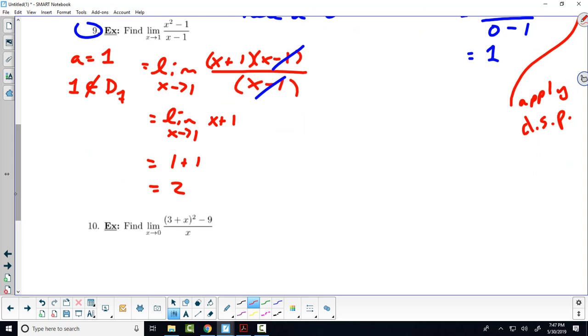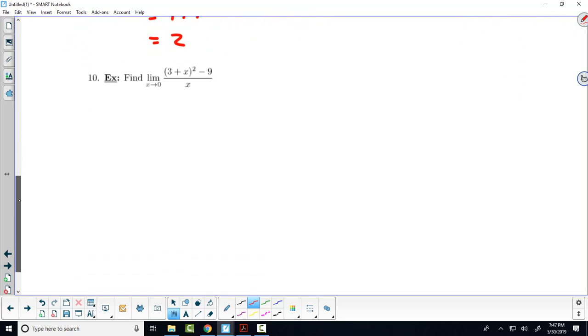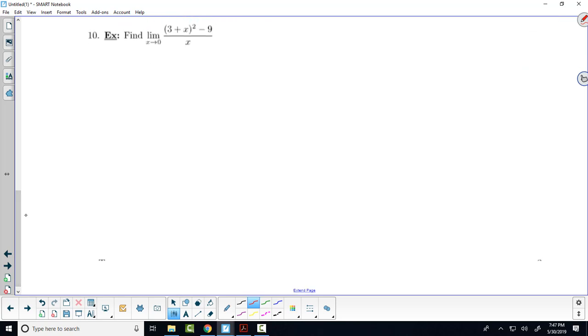Okay. The bulk of these problems boil down to doing some algebra until you can apply the direct substitution property. That's what the bulk of these problems boil down to. Now the algebra you have to do gets harder and harder. At this point we've got a lot of tricks to cover.